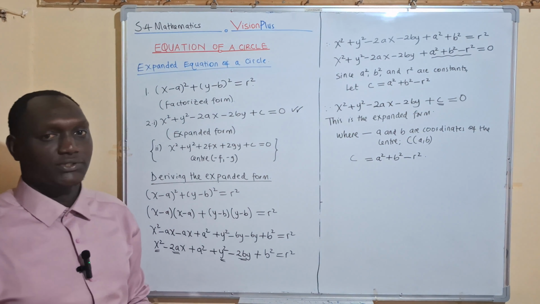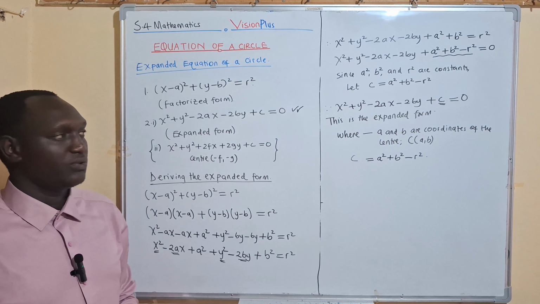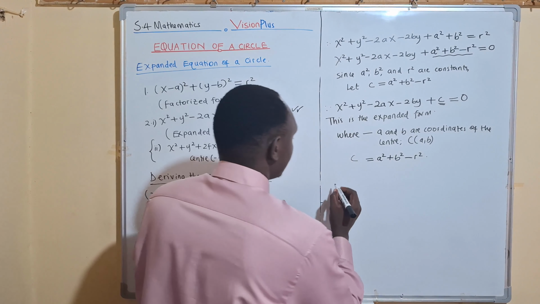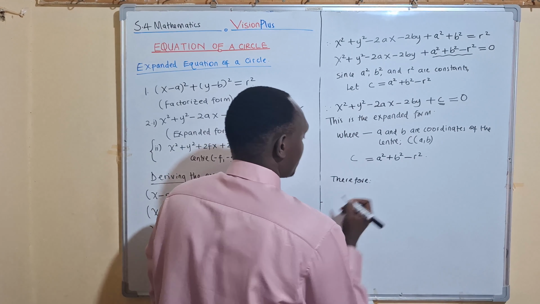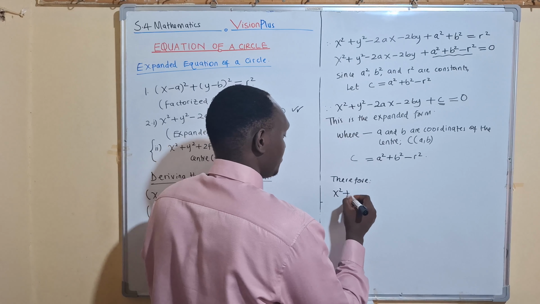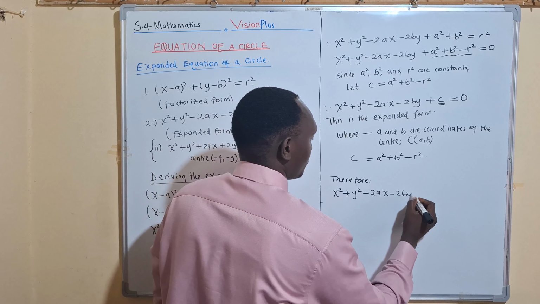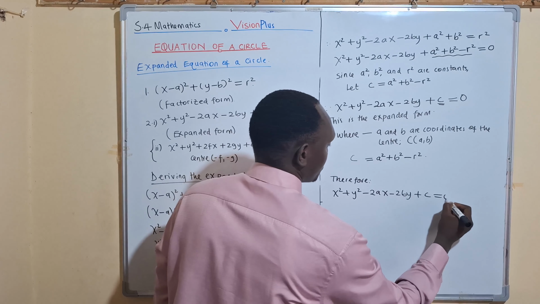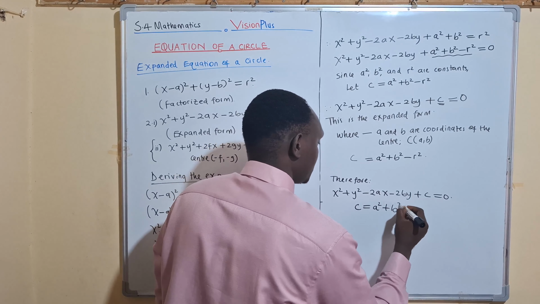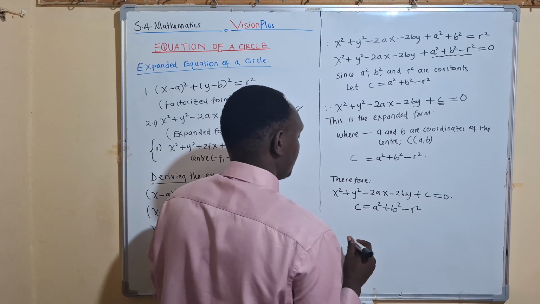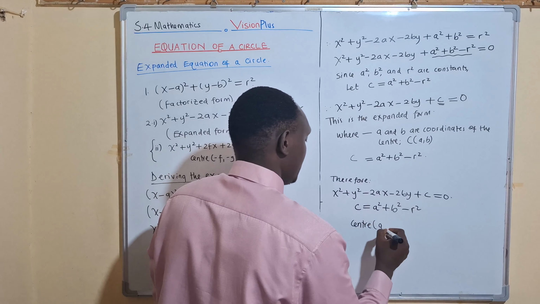So in conclusion, you must know that x² + y² - 2ax - 2by + c = 0, where c is given by a² + b² - r², and where the center is (a, b).